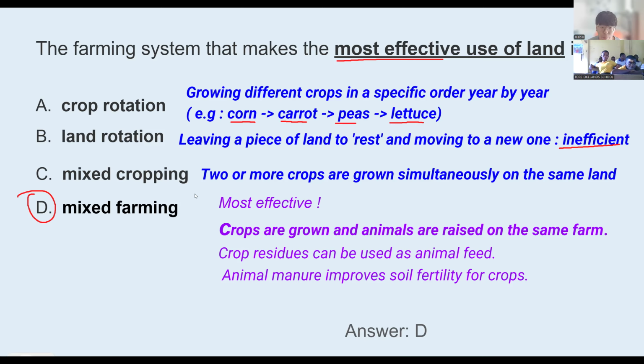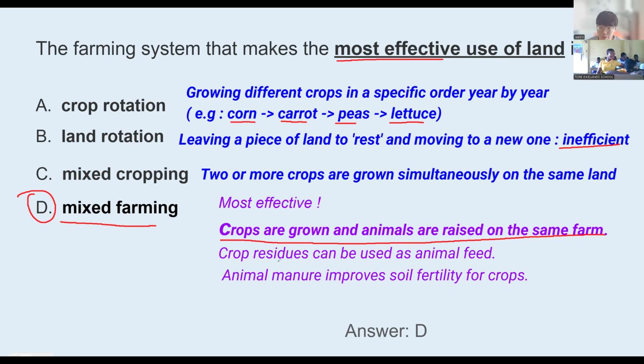Option C was mixed cropping. This is when two or more crops are grown simultaneously on the same land. But that's not necessarily the most effective way to use the land. The actual most effective way to use the land is mixed farming, where crops are grown and animals are raised on the same farm. So there are benefits to both.